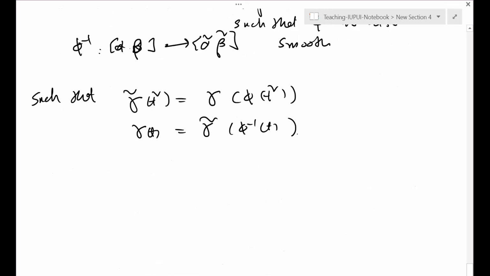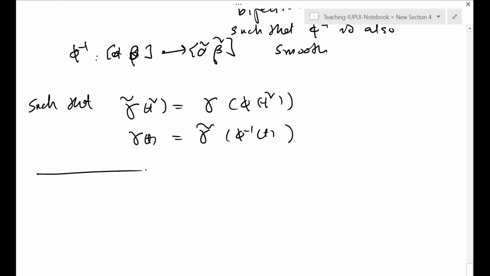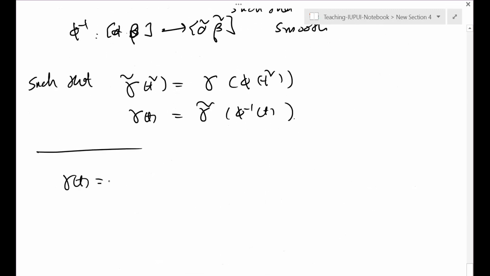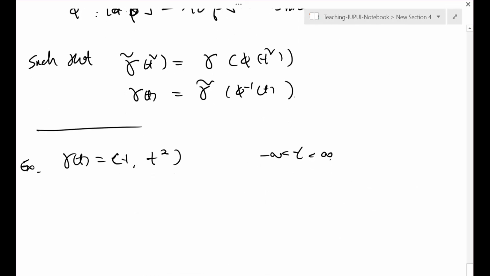Let's take a look at an example. The example is to show when one is a reparametrization of the other. Example: gamma of t equals (t, t squared), and gamma tilde of t tilde is going to be (t tilde cubed, t tilde to the 6).